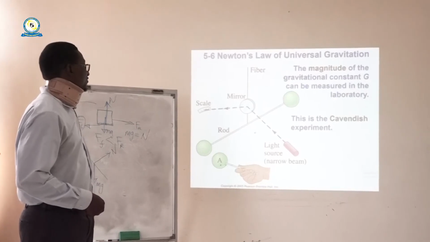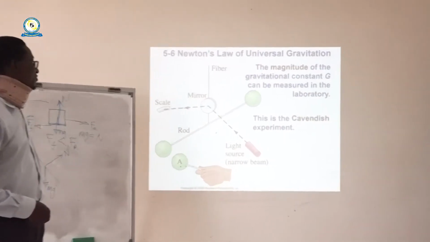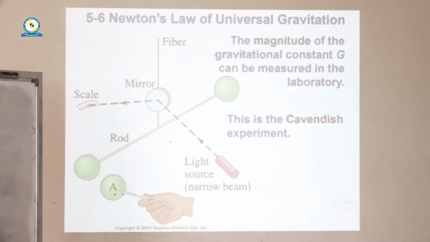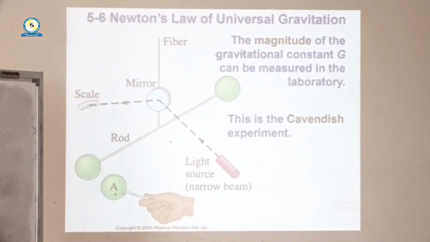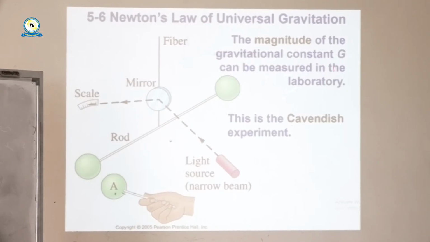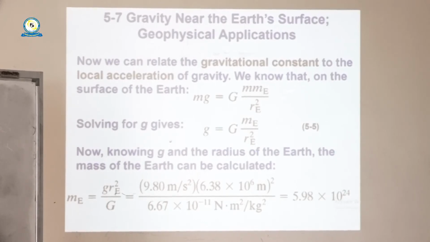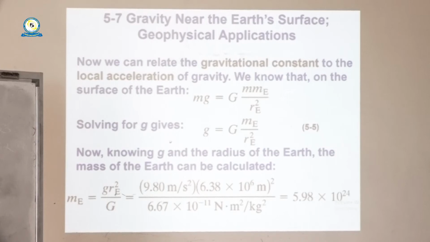The magnitude of the gravitational constant G can be measured in the laboratory. This is the Cavendish experiment, to show how they measure this constant G. Gravity near the Earth's surface has geophysical applications now, like these satellites.